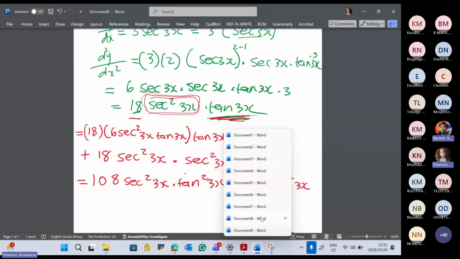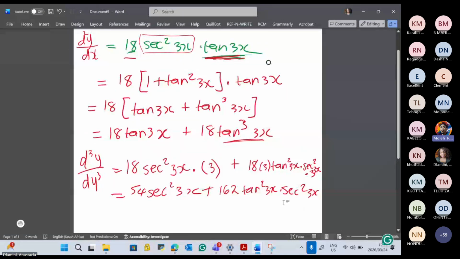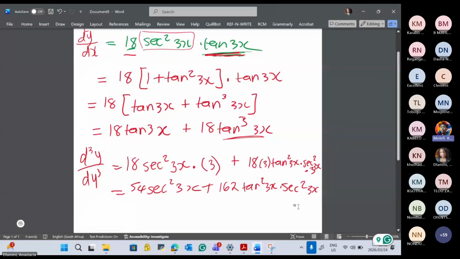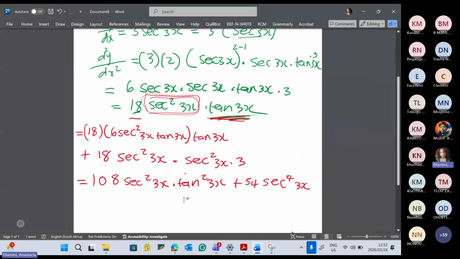Ma'am, in this case we got 108, and on this one we got 162. So aren't you going to mark that one, because our constants are not the same? I'll mark both of them. If you notice, the things are not the same. Look at this, it has sec squared, tan squared and so on.